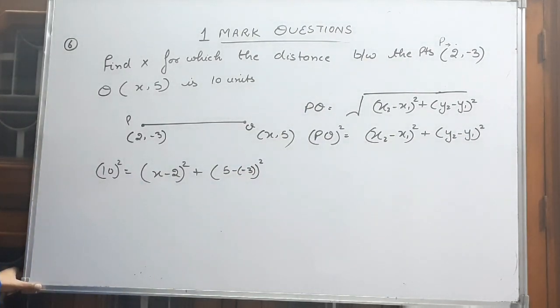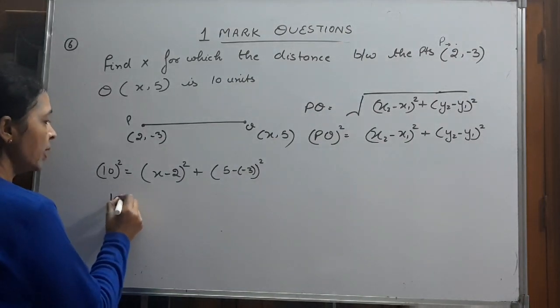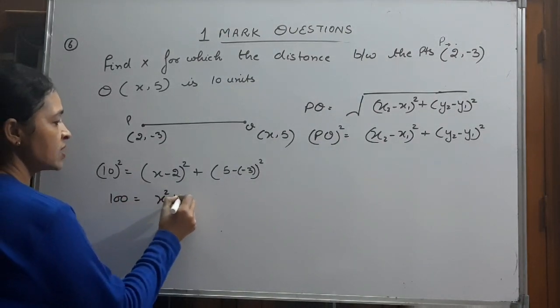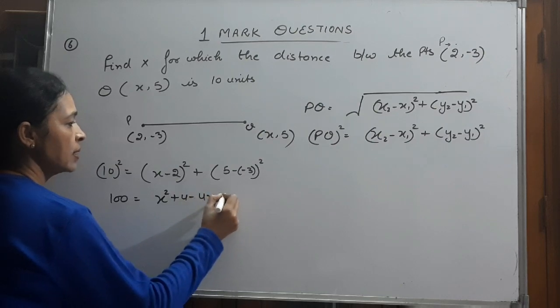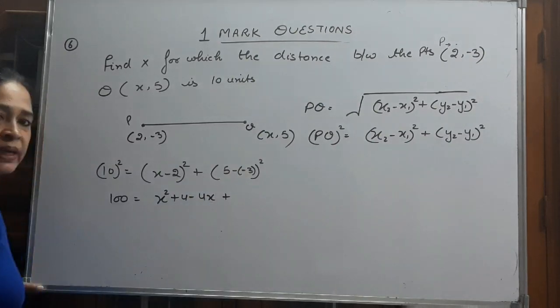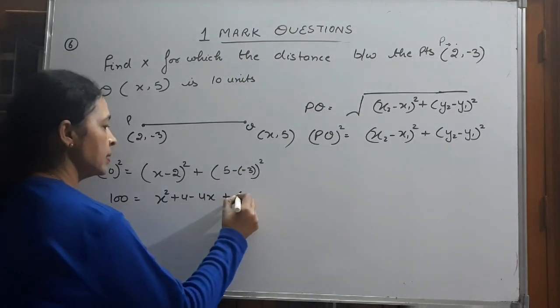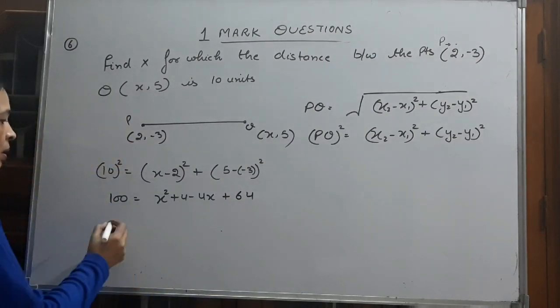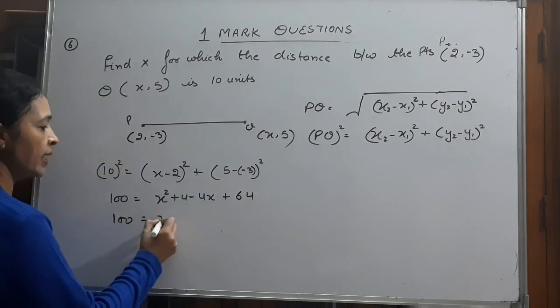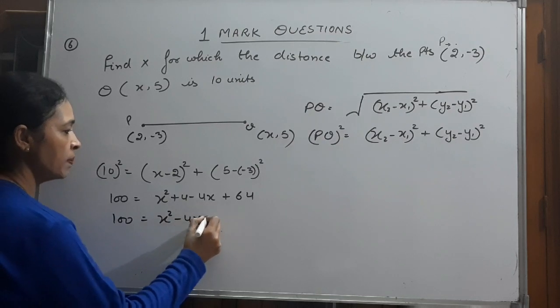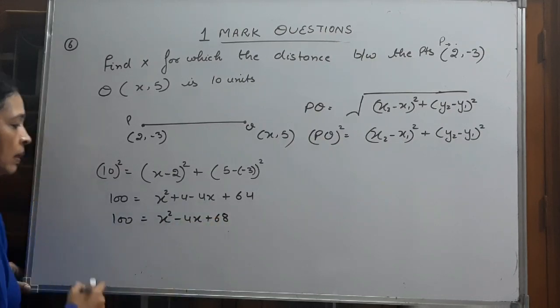What is (a minus b) whole square? a square plus b square minus 2ab. Here we have x square plus 4 minus 4x plus 5 plus 3, that is 8. 8 square is 64. So 100 equals x square minus 4x plus 68.